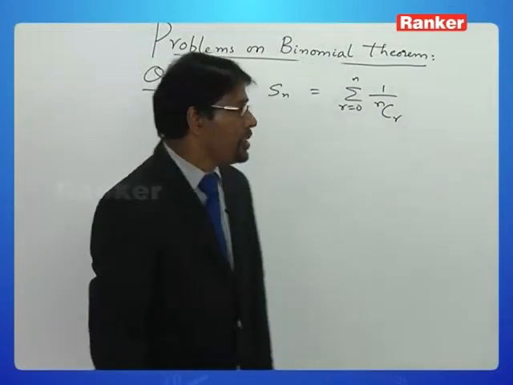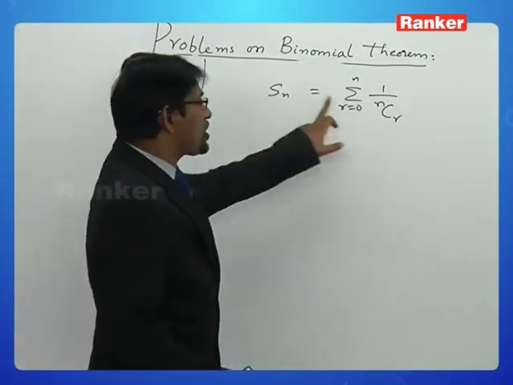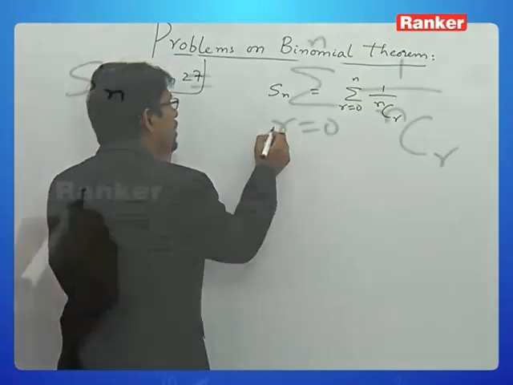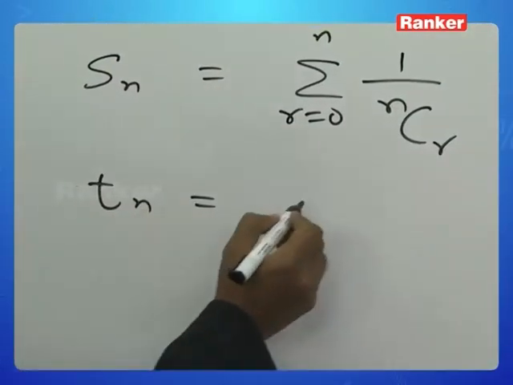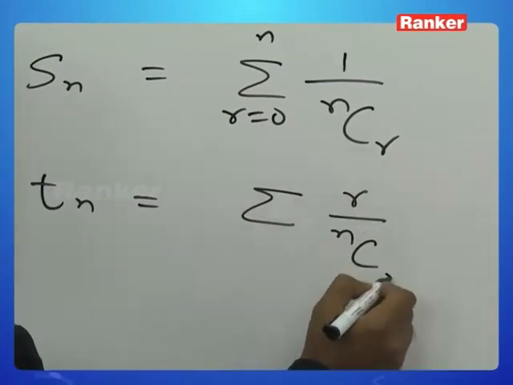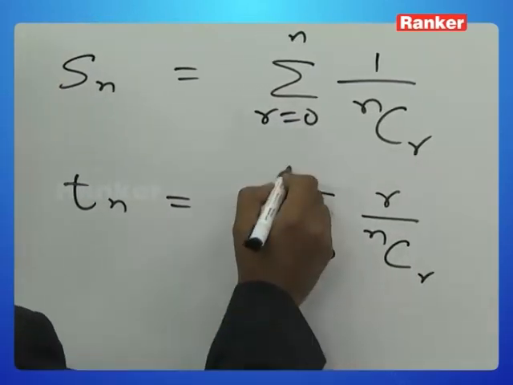Let's have a look at this. Sn is equal to sigma r ranging from 0 to n 1 by nCr. Tn is equal to sigma r by nCr, r ranging from 0 to n.